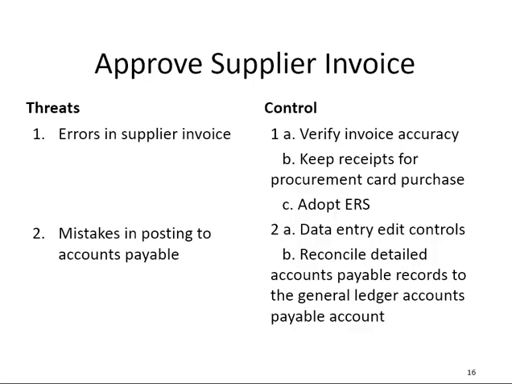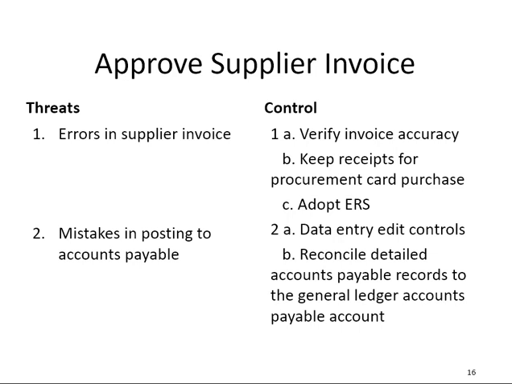All right, let's talk about threats and controls. Errors in supplier invoices. So how do we mitigate this risk? Right, we're going to verify invoice accuracy, that's for sure. And we're going to keep receipts for procurement card purchases, right?